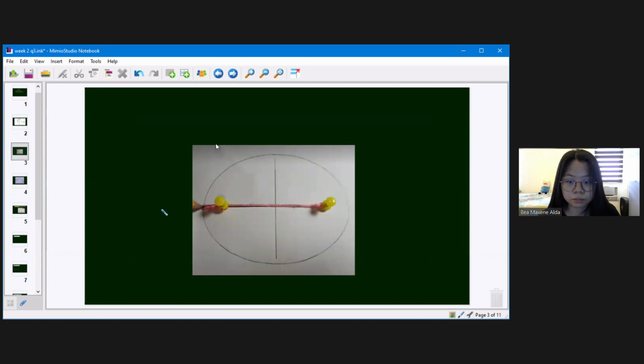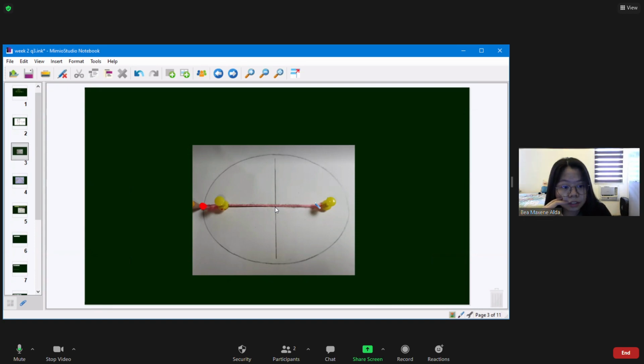Now, as you can see here, going back to the string activity, let's put the tip of the pen over here, to the side of the ellipse. Now, what can we say about it? Because I've certainly noticed something, right? If you put a line across, like so, then make a U-turn here, yan, U-turn tayo.